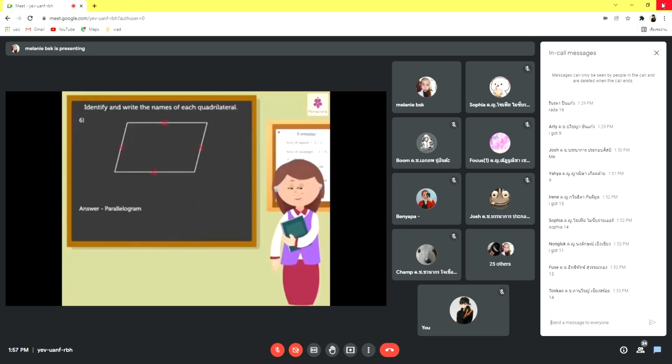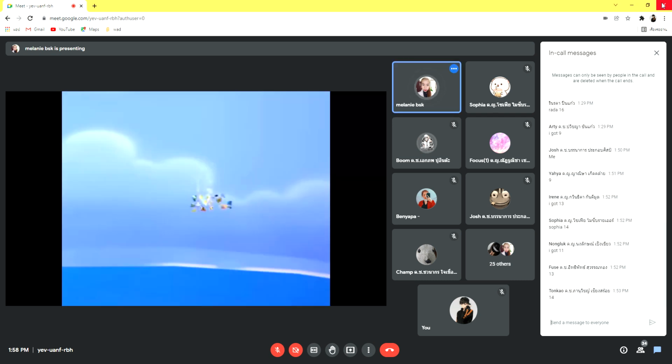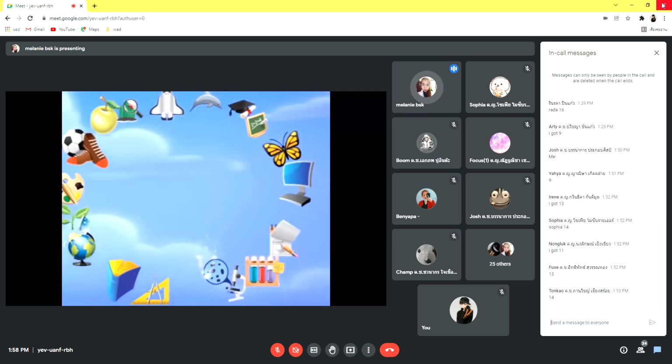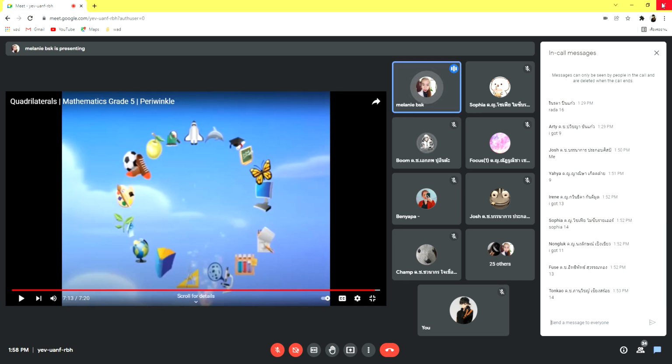Wasn't it fun learning about quadrilaterals and their properties? Okay, so children, those are the properties of quadrilaterals. We only covered the equiangular quadrilateral, which has all right angles.